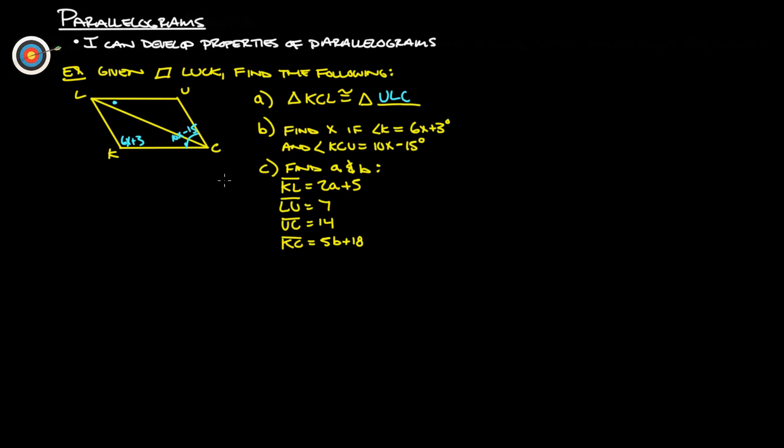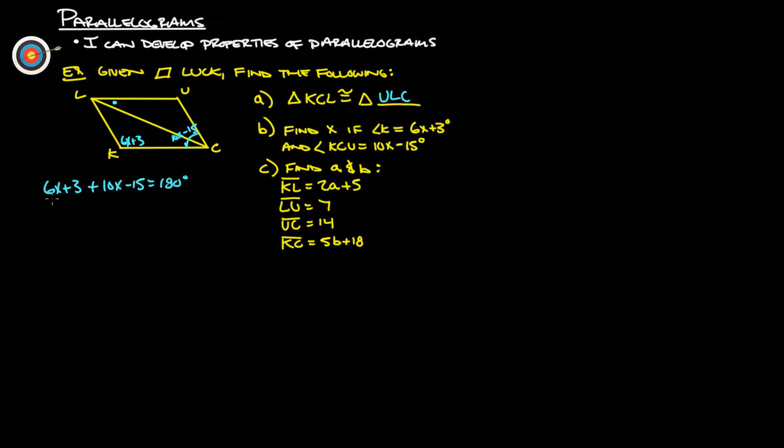So we remember from what we just talked about that any two consecutive angles are always supplementary. So we know that 6x plus 3 and 10x minus 15 have to equal 180 degrees.